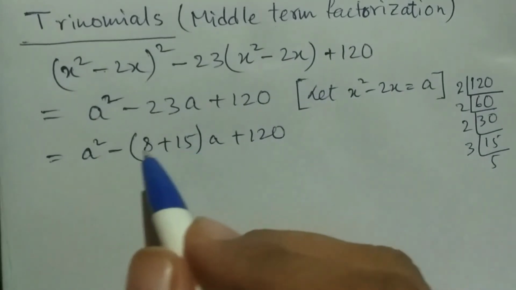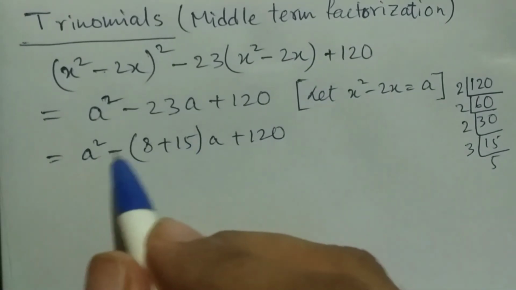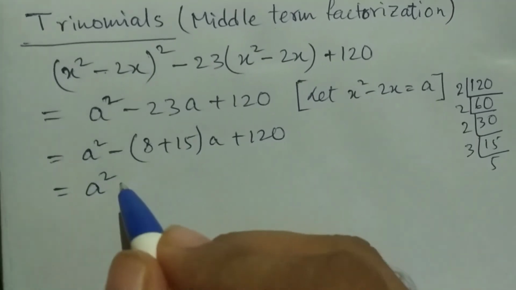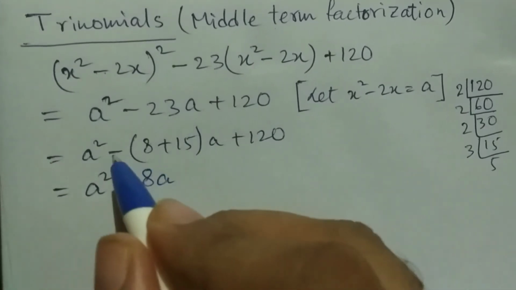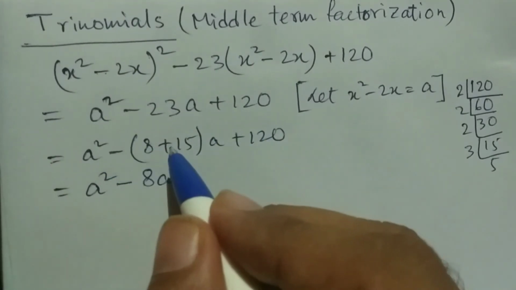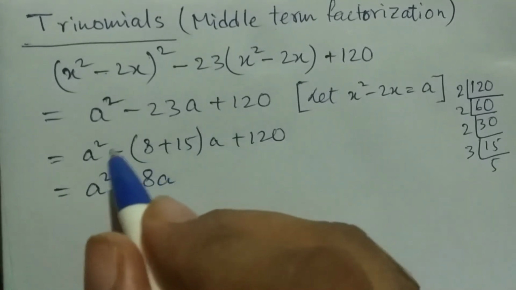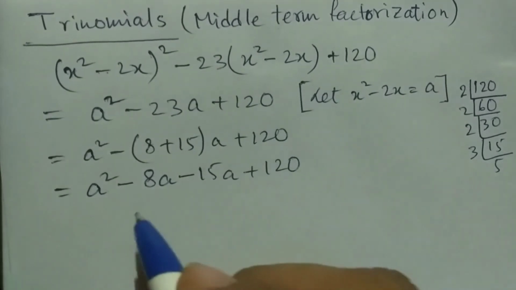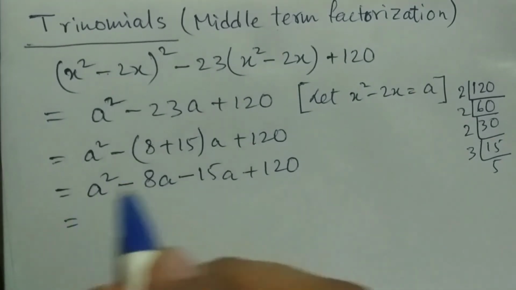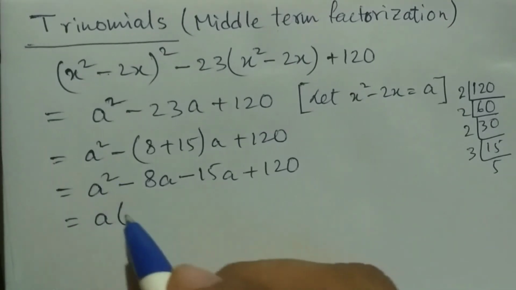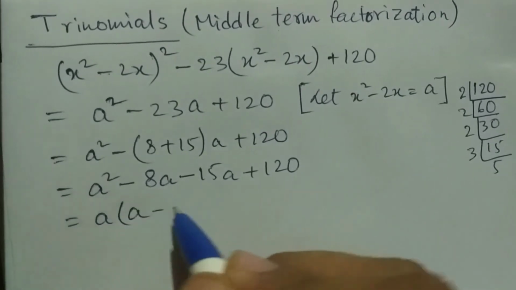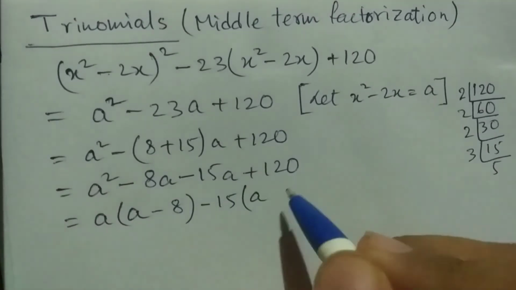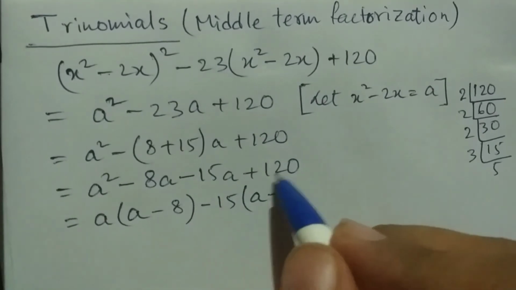Here you can see 15 is the higher term, so minus will be with 15 and 8 also. Now I will break them: a square minus 8 into a, so minus 8a. When I remove this bracket, this minus will hit this plus also, so minus 15 into a plus 120. Now from a square and 8a I can take a as a common term, so a into a minus 8, and from minus 15a and 120 I take minus 15 as common, so a minus 8 remains, since minus 15 times minus 8 is 120.